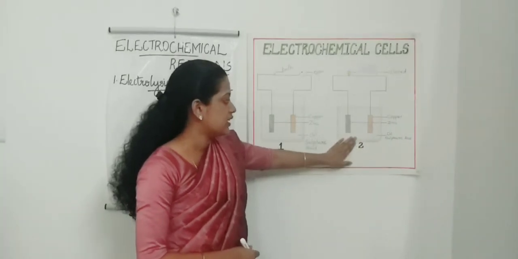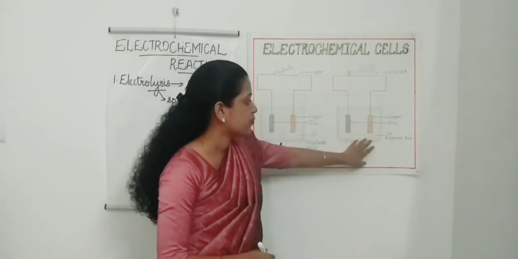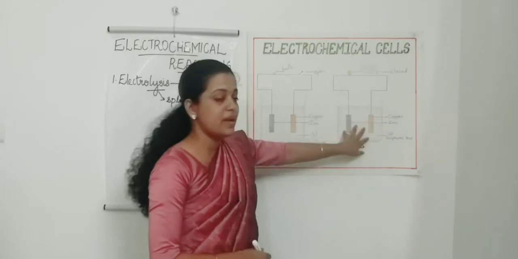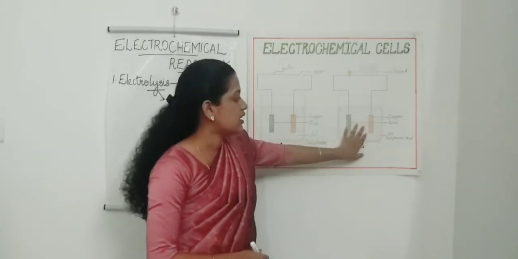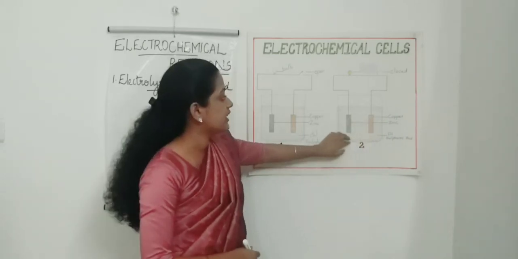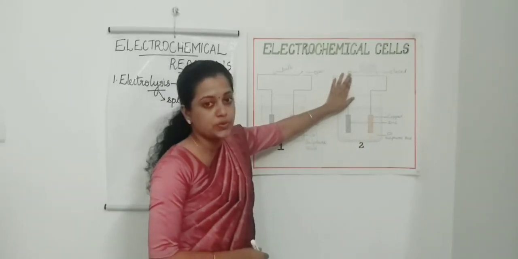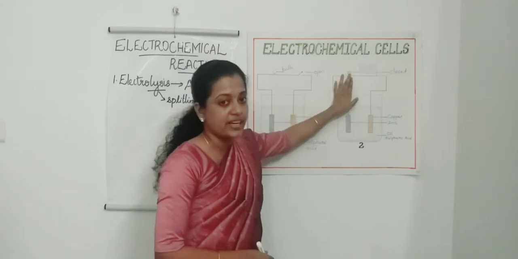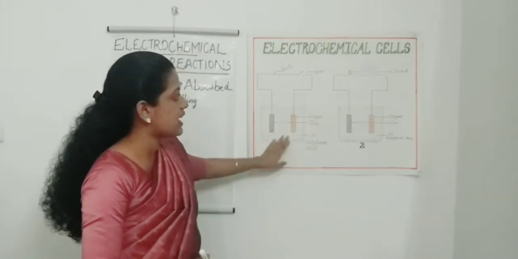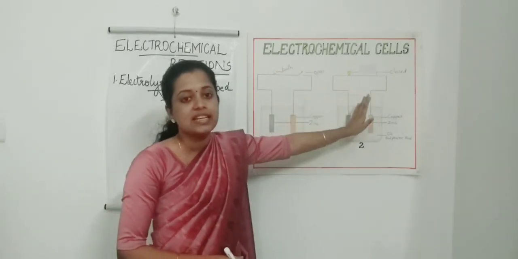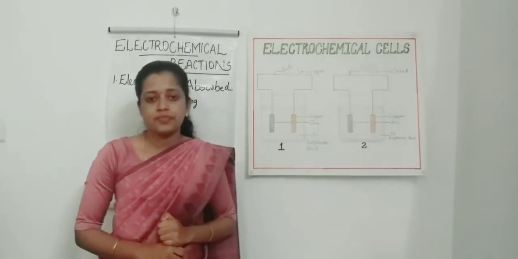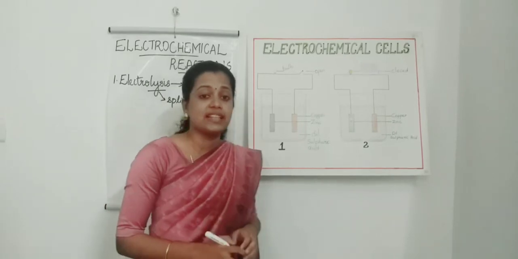So here there will be a reaction between the acid and the metals. Hence, as the result of the chemical reaction, electricity was produced. Electricity was liberated. And this apparatus is known as an electrochemical cell. So what is an electrochemical cell?